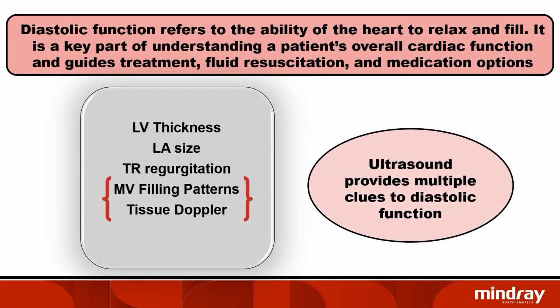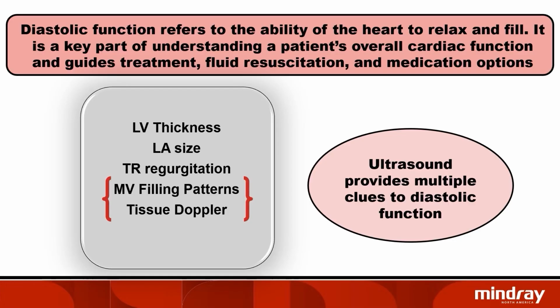Before we dive in, a brief review of a few of these topics that may be new to some listeners. Diastolic function refers to the ability of the heart to relax and fill. It is a key part of understanding a patient's overall cardiac function and guides treatment, fluid resuscitation, and medication options. There are several ultrasound clues to pay attention to that can help you understand a patient's diastolic function, such as LV thickness, LA size, and the severity of a TR jet.